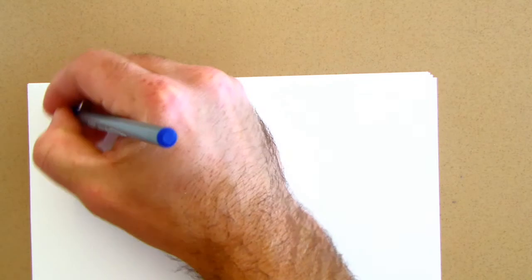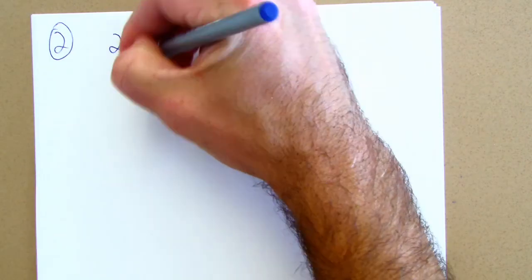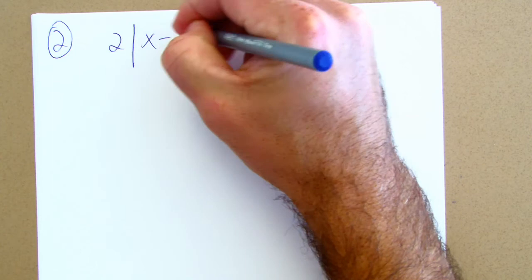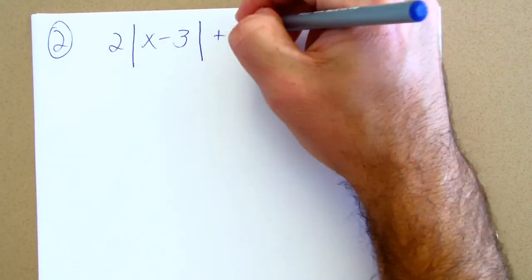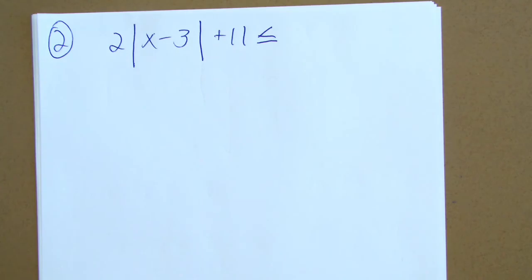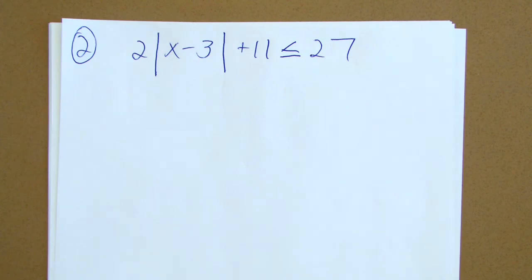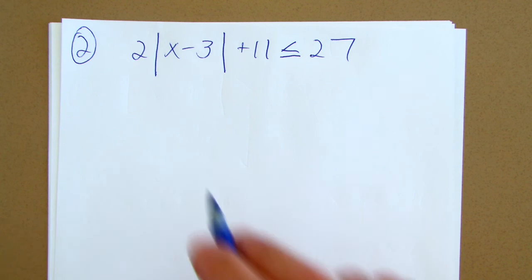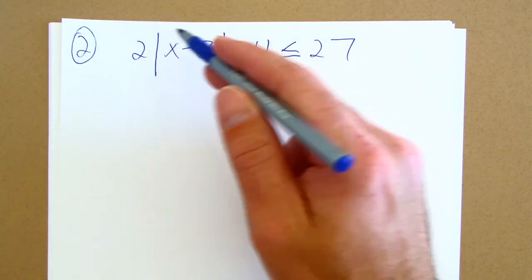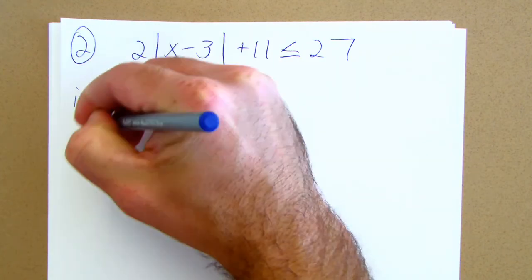So next up, I want to go over one where we got to isolate the absolute value first. So next up, we got 2 times the absolute value of x minus 3 plus 11 is less than or equal to 27. All right, so the first thing we got to do here is isolate the absolute value of x minus 3.